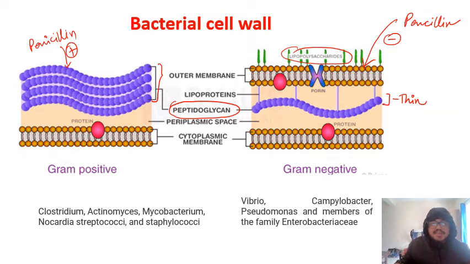Now the next thing to remember is that when doing staining with crystal violet, gram positive bacteria will show a violet color stain.